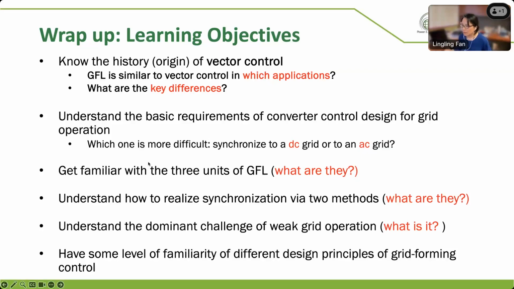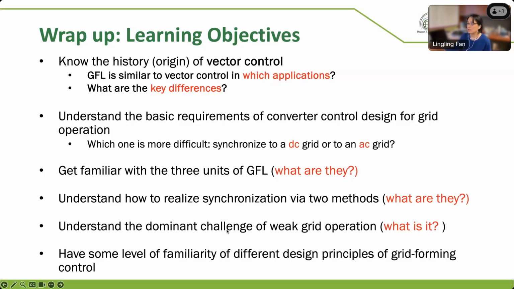Then let's get familiar with the 3 units of GFL. What are they? The 3 units we talk about are basically the sync unit, inner current control, then outer power control. I hope that people also understand there are multiple ways to realize synchronization: voltage-based, called phase locked loop, or power-based, sort of like a synchronous generator.